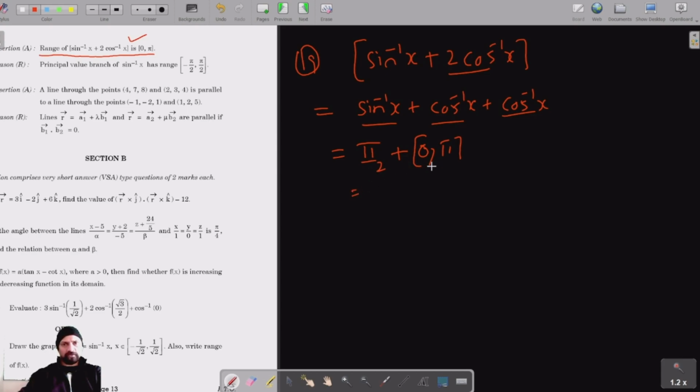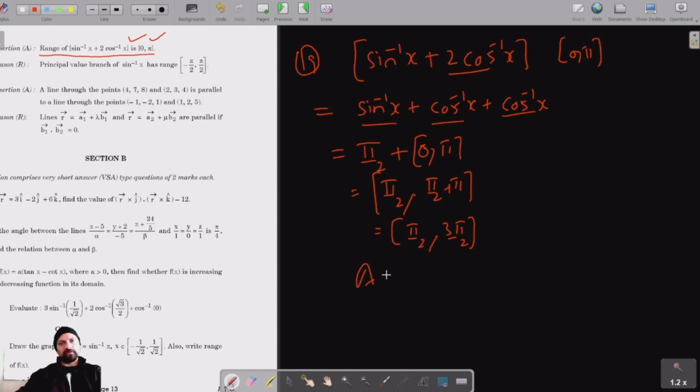If you add pi by 2 to both, we get pi by 2 to pi by 2 plus pi, which gives us the range as pi by 2 to 3 pi by 2. But the given range is 0 to pi.